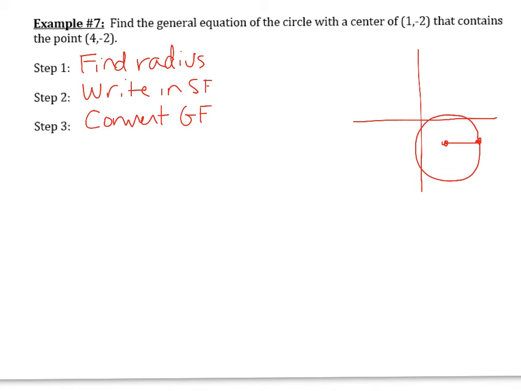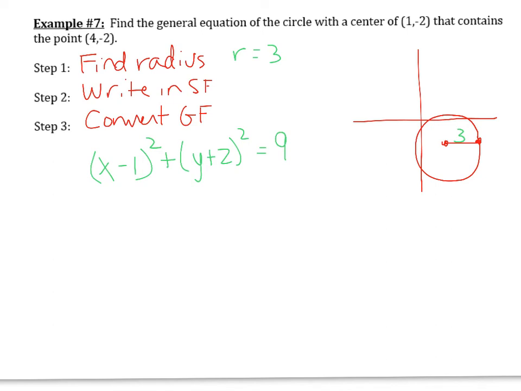I could if I really wanted to, but you'll see that that radius is just length 3, because the difference between 1 and 4 is 3. So I got my r value. My r value is 3. That means that I could write my standard form equation by saying x minus 1 squared plus y plus 2 squared is equal to r squared, which is 9.